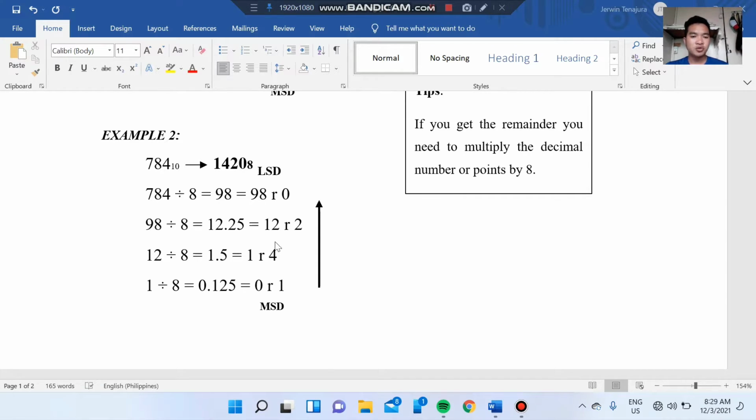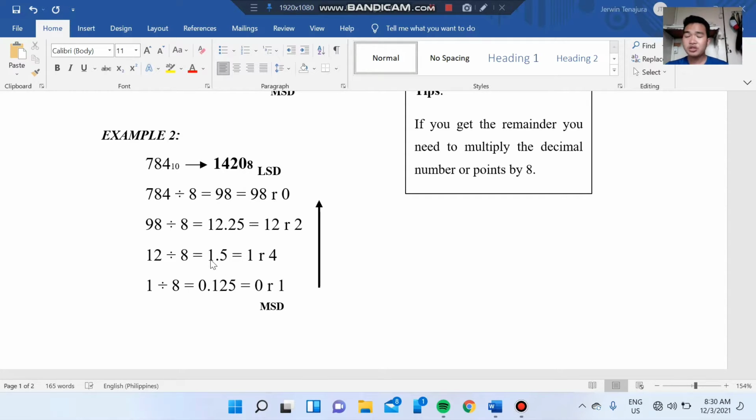And we need to put here the 12. As in the procedure in example number 1, we need to put here the 12 and the 0.25 would be multiplied by 8. So 0.25 multiplied by 8, the result is 2, or the remainder is number 2. Next, we need to bring down here the 12 and divide it by 8 again. The result is 1.5.